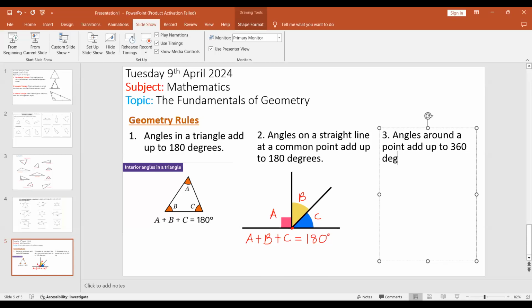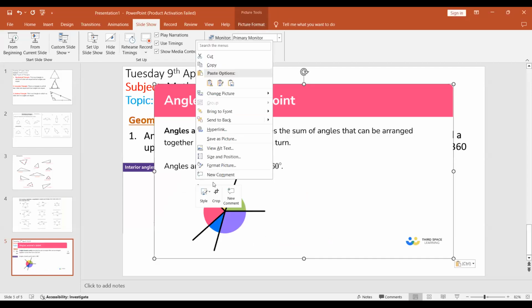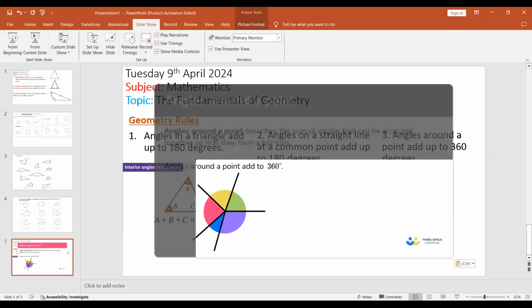If we're looking at a full revolution or a complete turn, angles around a point add up to 360 degrees. If we have a full complete circle, the angles around that point would add up to 360 degrees.